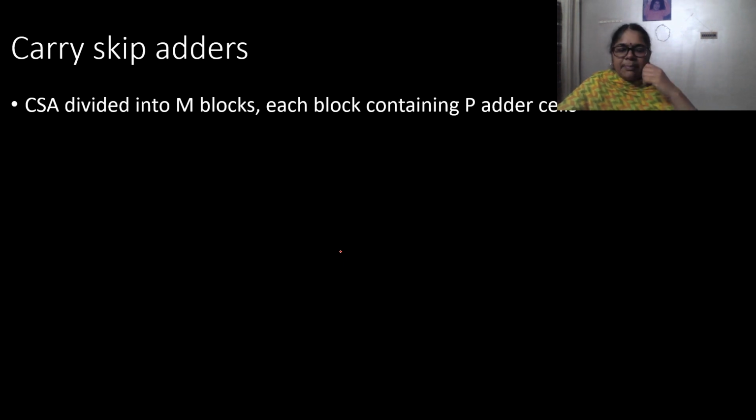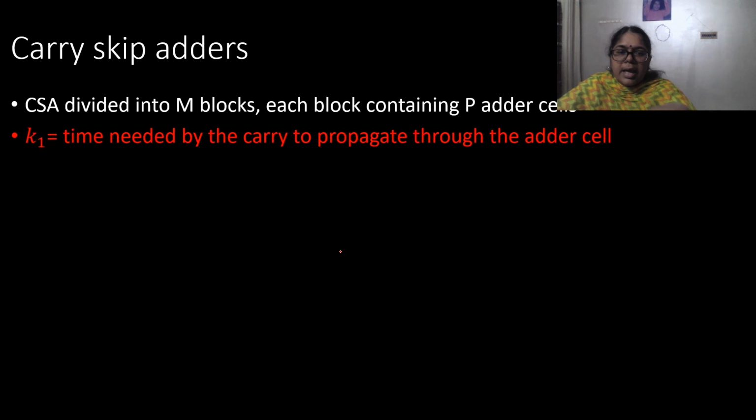Now, the carry skip adder: in the previous example I told you it is a 24-bit addition, divided into 4 blocks, each block containing 6 adders. Thus, the carry skip adder can be divided into m blocks, each block containing p adder cells. Now, what is K1?